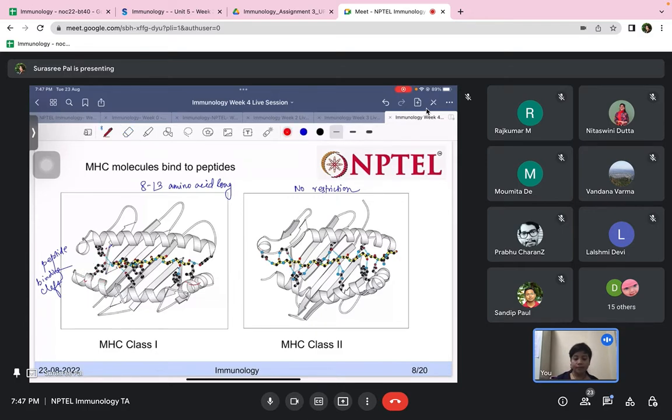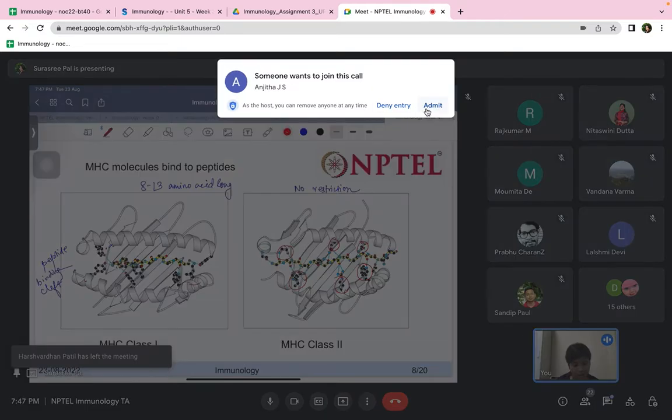All right. And what happens in case of MHC class 2? This kind of terminal interaction is not present. So here there are other interactions, like what do I mean by other interactions? That is, all along the peptide binding cleft. Here you can see some of the amino acids which lie along the peptide binding cleft, and which are now interacting by hydrogen bond formation or ionic interactions with the antigenic peptide.